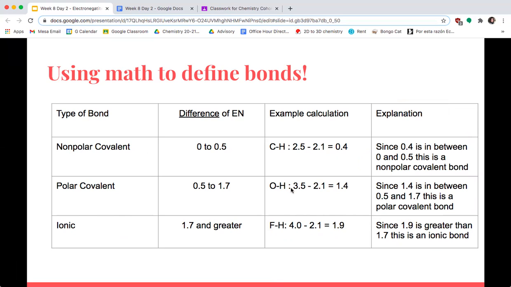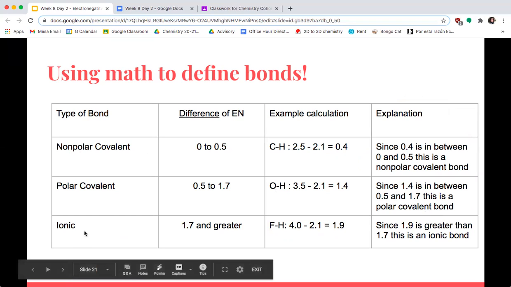Oxygen bonded to hydrogen: since the difference between oxygen and hydrogen is 1.4, this is an example of a polar covalent bond. Here, an ionic bond: fluorine bonded to hydrogen. The difference in the electronegativities is high. 4.0 is much higher than 2.1. The difference between them is 1.9. Therefore, since 1.9 is greater than 1.7, it's an ionic bond.